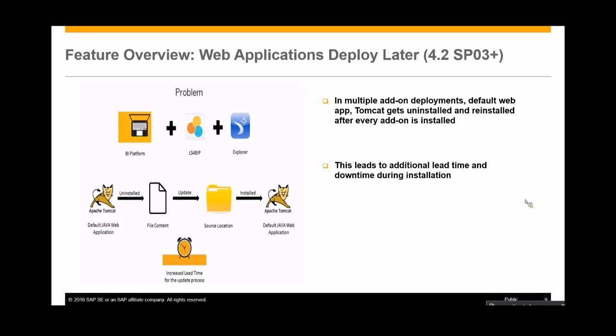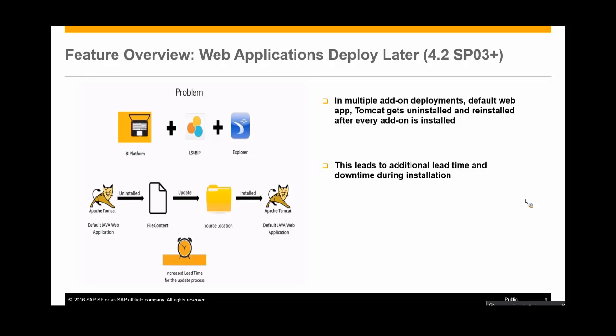One of them is that if you have the default bundled Tomcat which you're using, when you're installing the BI platform server and add-ons like LS for BIP or Explorer, then in each add-on installation, the Tomcat gets uninstalled and reinstalled. This used to happen automatically in the installer, and it was felt to be unnecessarily taking additional time and hence leading to more downtime during installation.